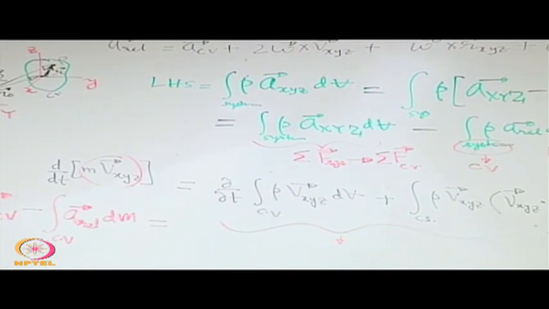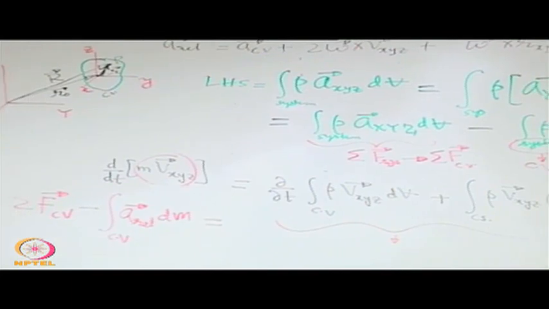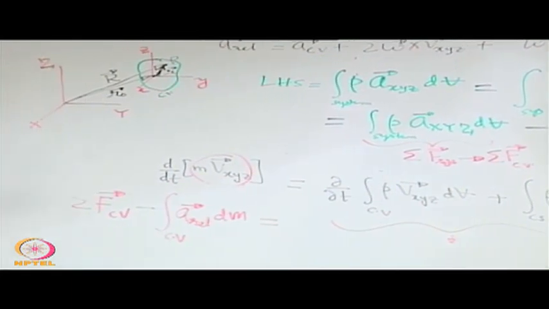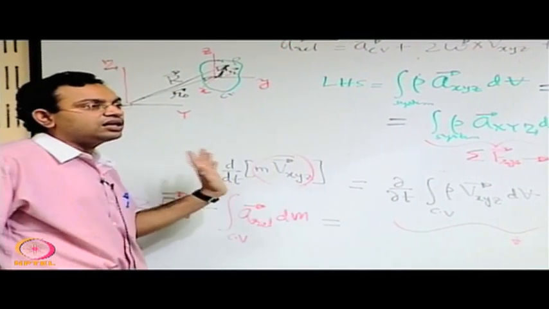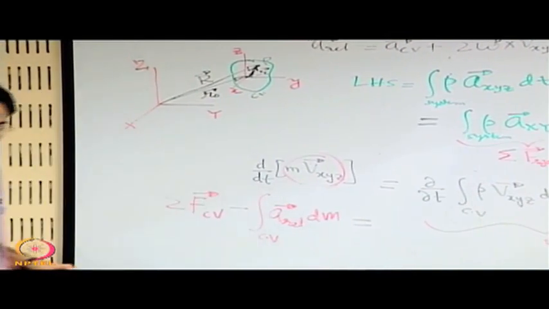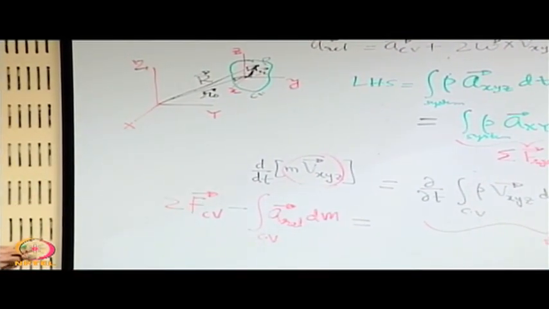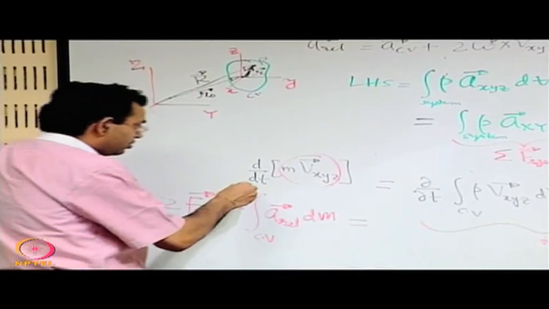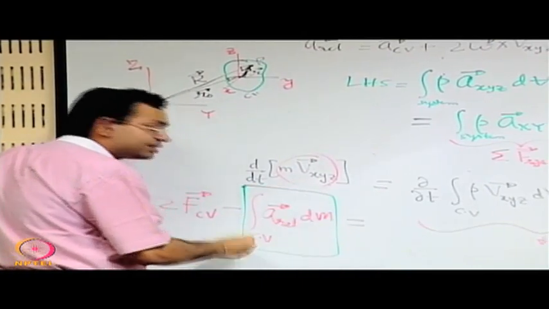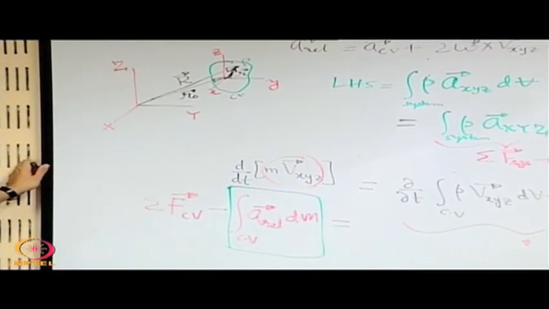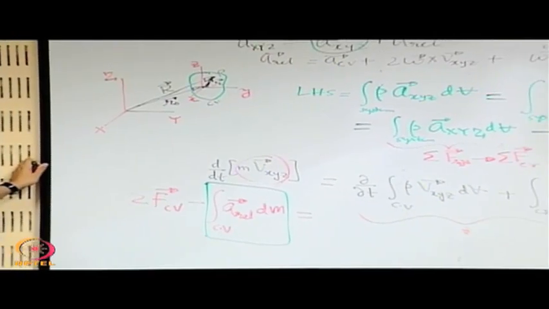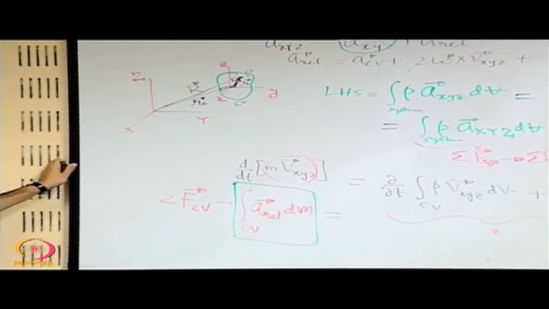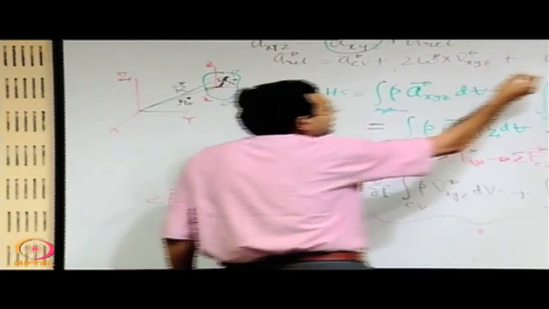If you look at it from a user viewpoint, or a formula user viewpoint, what is the correction that has occurred because of the transformation? The correction is this correction term, and it arises because of the acceleration of the control volume, because all the terms are related to acceleration.